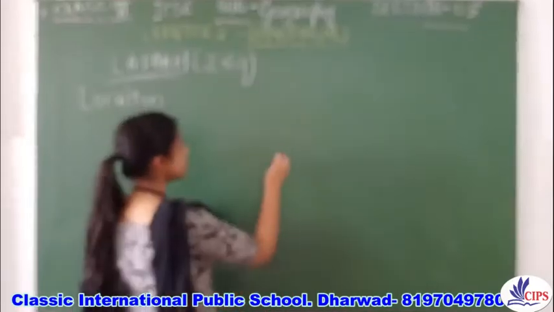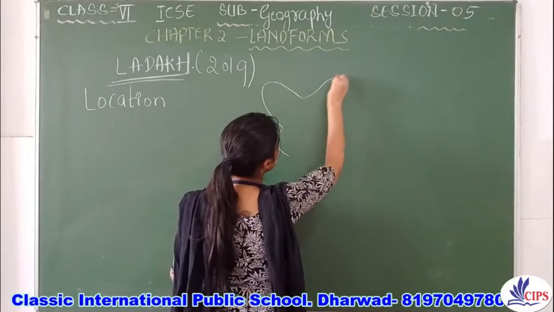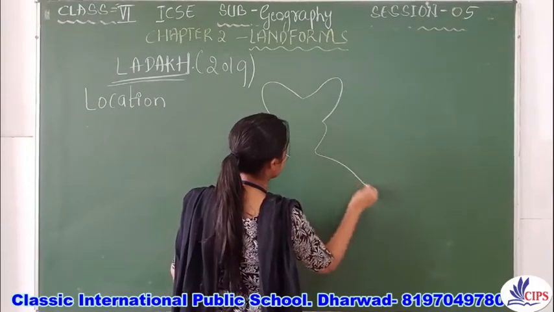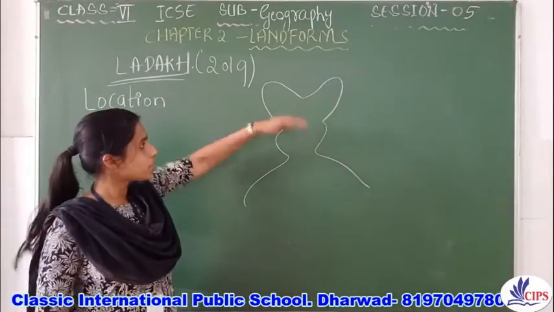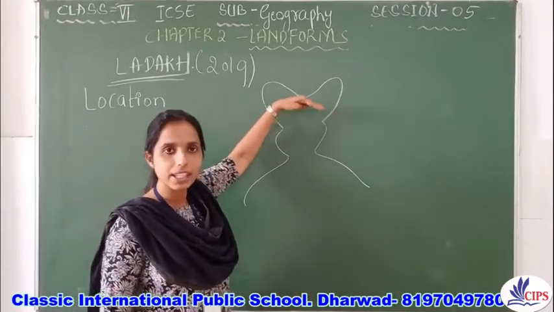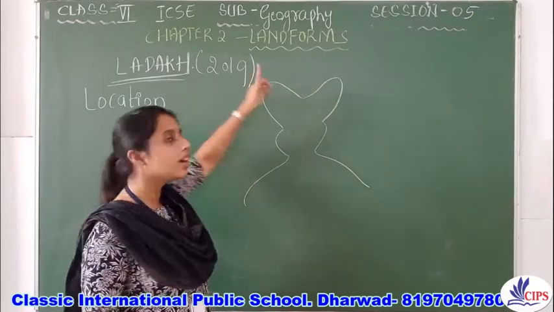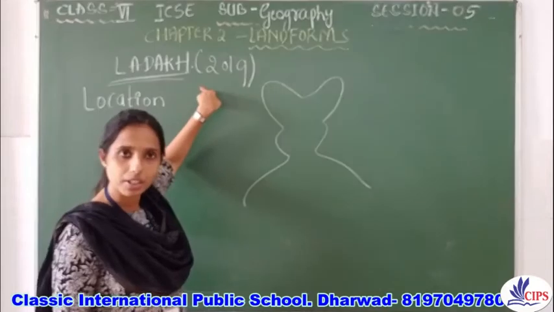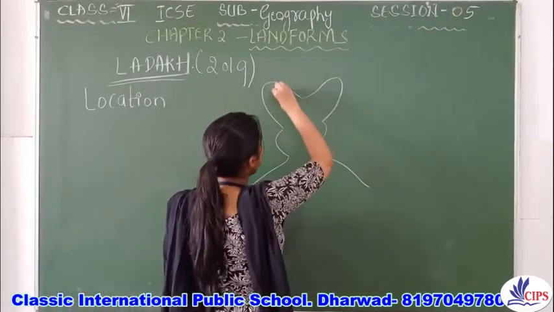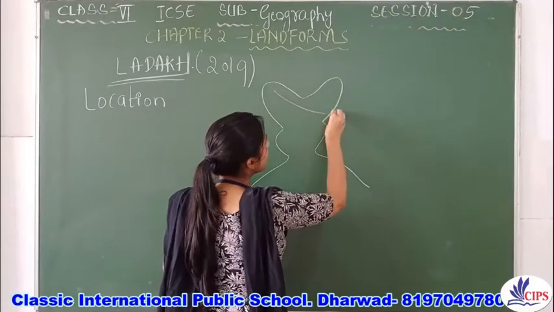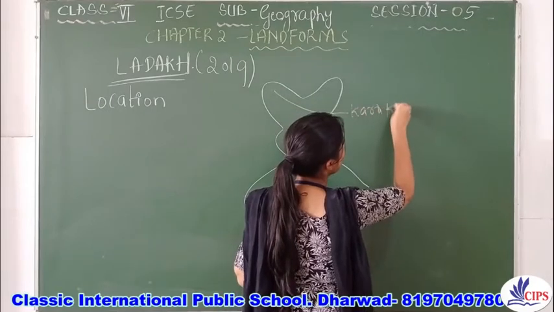See this region, in the northernmost part of India, that is in the Himalayan region, we find the Ladakh Union Territory. Where is this Ladakh located? See, on this part we have what is called the Karakoram range.